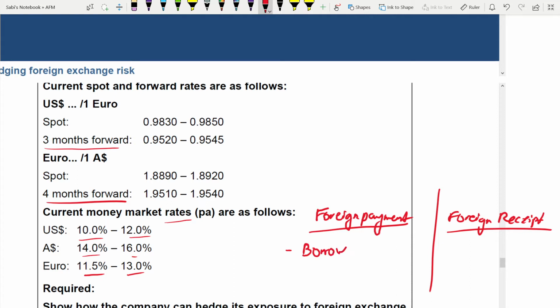This is a rule from your textbook also. Don't ask me why we borrow in domestic currency. Borrow in domestic currency. That means home currency. Domestic means home, your local currency. So when it comes to foreign receipt, it will be opposite. Borrow in which currency? Foreign currency.